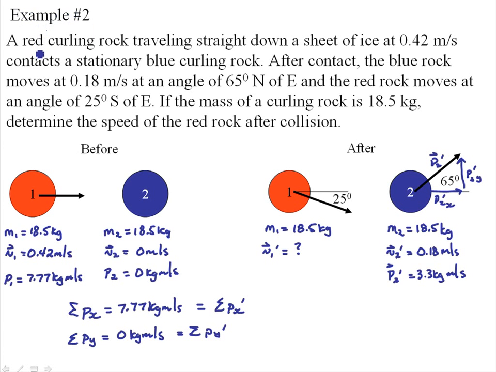So the first thing we'll do is write momentum of object 1 before equals mass of object 1 times velocity of object 1. Put our numbers in: 18.5 kilograms times 0.42 meters per second, and we have a momentum of object 1 of 7.77 kilogram meters per second.